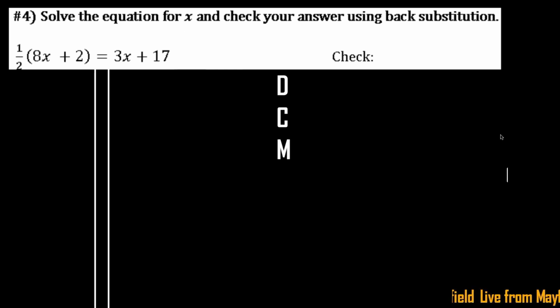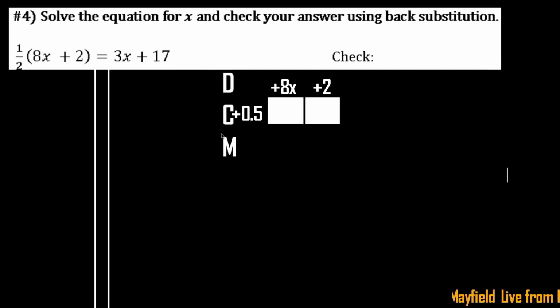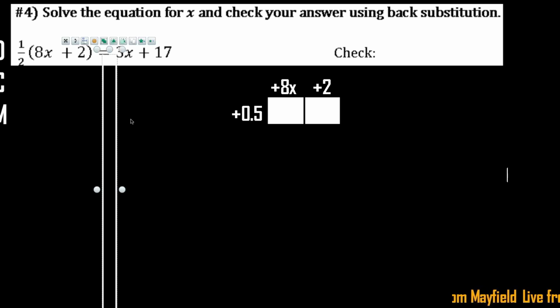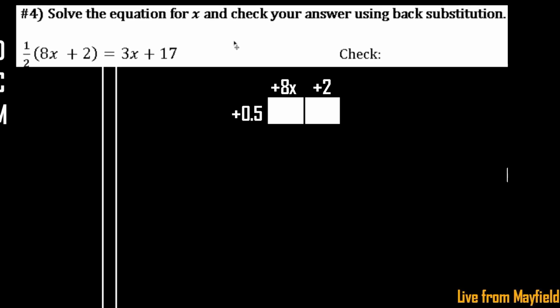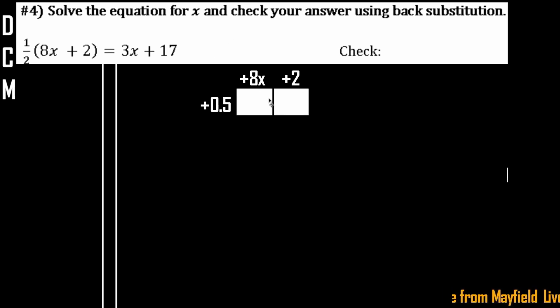And so what we've been doing is we say, all right, I believe it's going to be like this. So again, you can draw your box. Alright, so again, I draw my box to show how I do my distributive property.